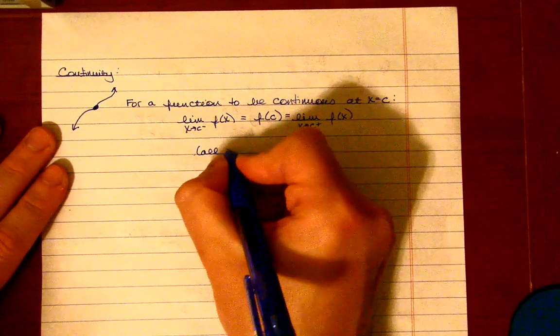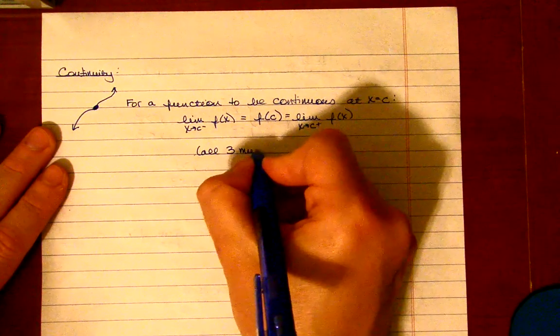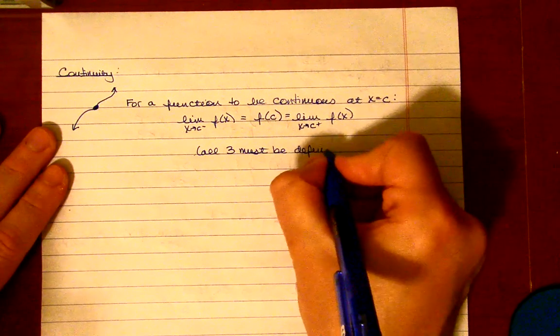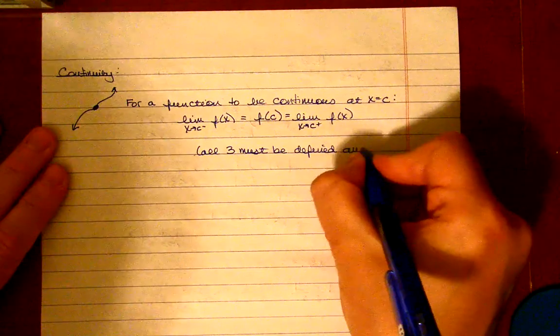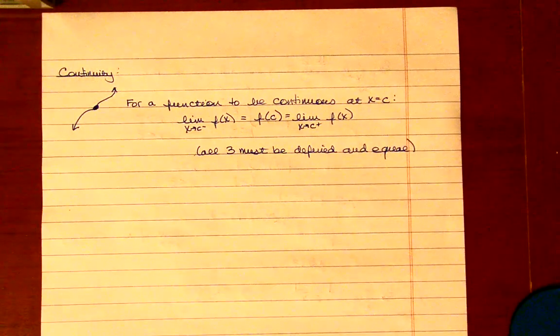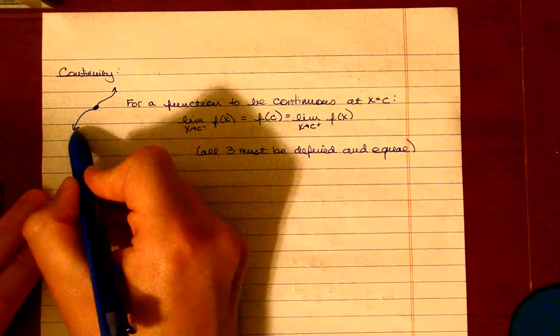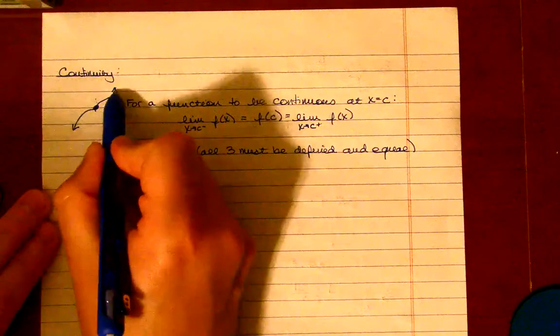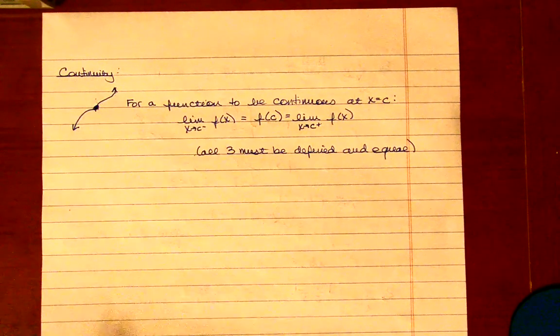All three must be defined and equal. The limit as we approach c from the left must equal the value f of c, must equal the limit as we approach c from the right.